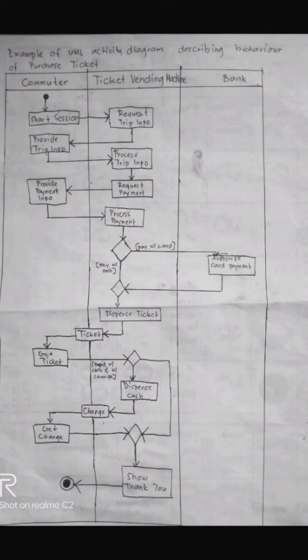So we have here the symbol of a decision, and also here a condition. We have the condition pay with card, and then the other, pay with cash. If the commuter pays with card, then another actor will participate in the activity, which is the bank actor, that will authorize the card payment.